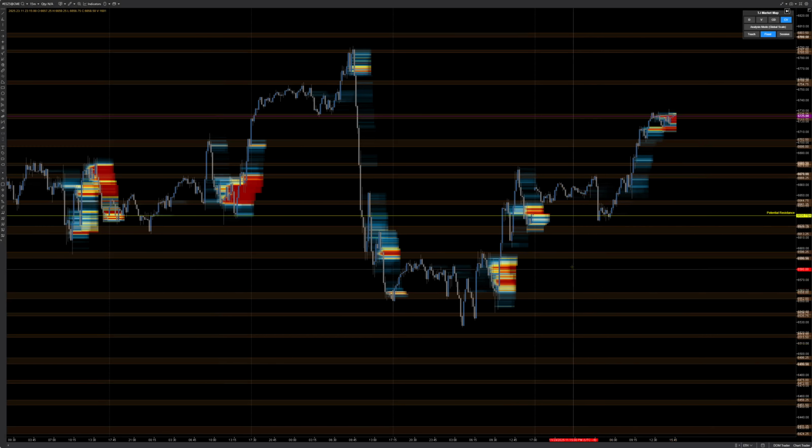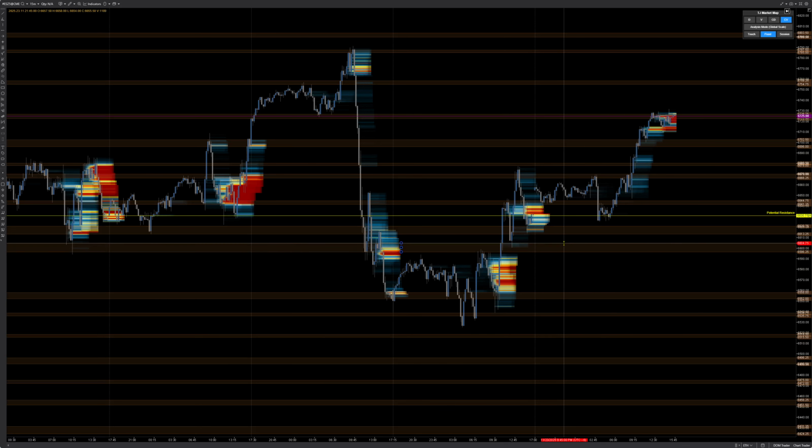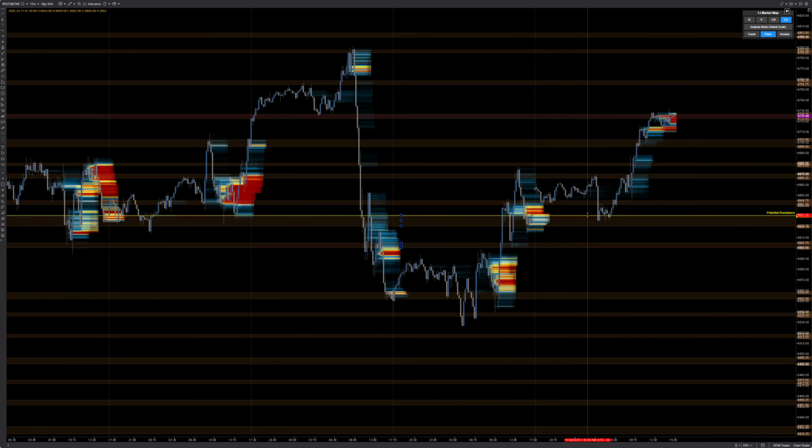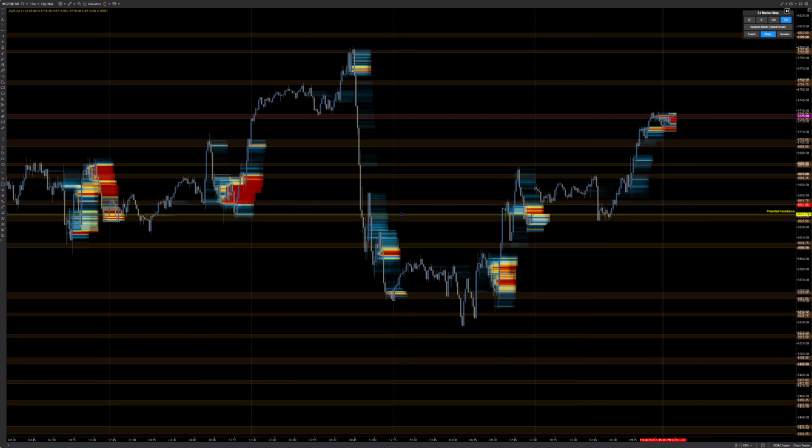We set this one here a little bit higher up around that liquidity here. Yep. Then this one here more towards the close of that day, starting with those ones here.